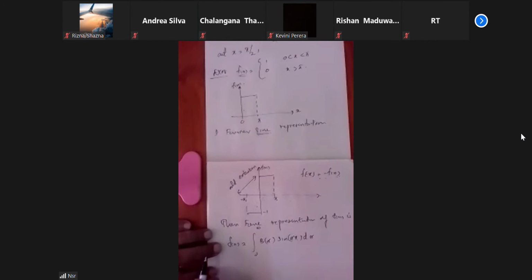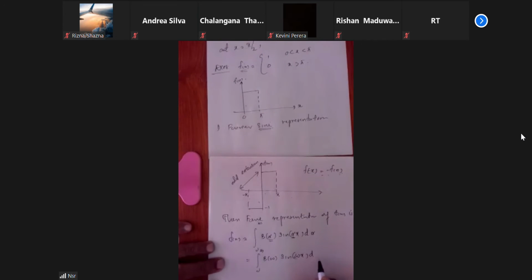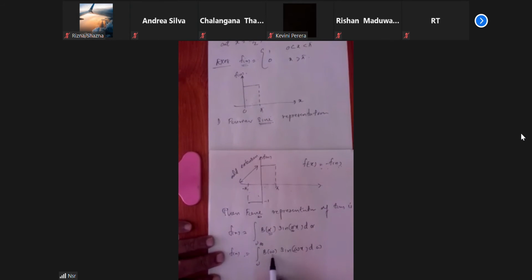As I mentioned before, here I identify the frequency as alpha, but sometimes the frequency is denoted by v, or maybe omega. This way you can write the integral from 0 to infinity of B(omega) sine(omega x) d omega. That's possible, because it's only the notation I am changing for these two functions.